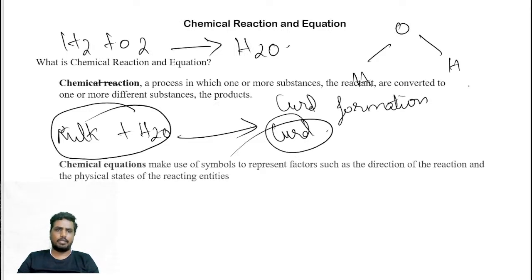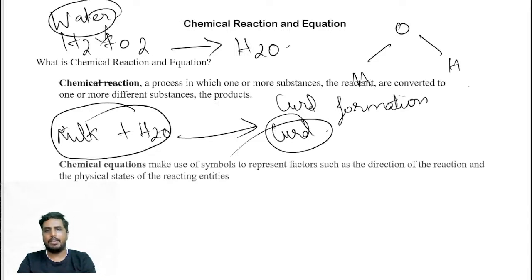Okay. So then what is meant by chemical equation? For water formation, we have written a chemical equation. I hope everyone knows about this. I have written that milk is treated with water, right?